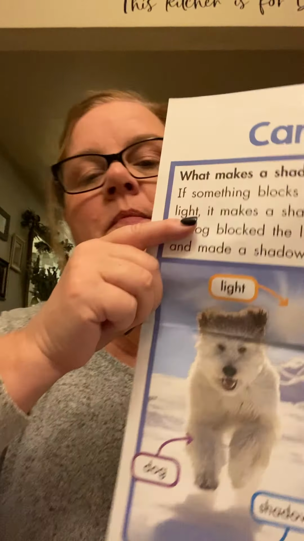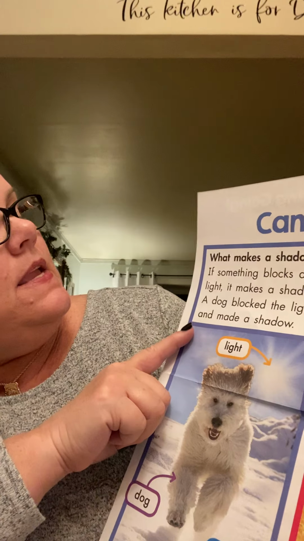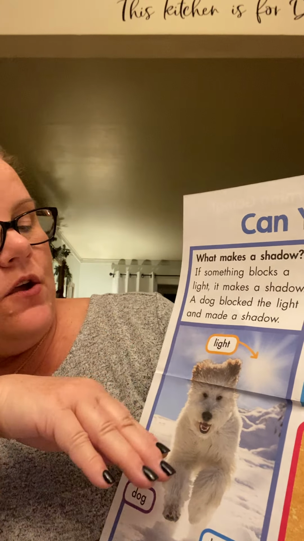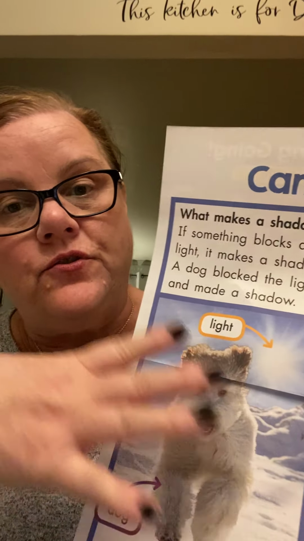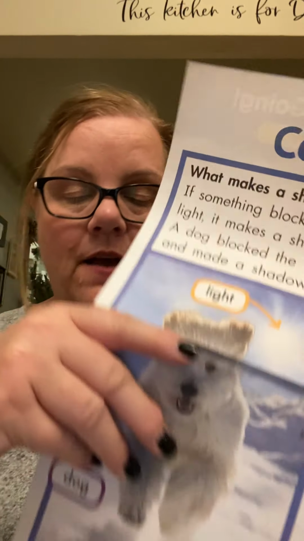And then if we look over here, back into our booklet where our puppy dog is, it says, if something blocks the light, it makes a shadow. And when we looked at all these pictures of shadows, we noticed that the sun was out.